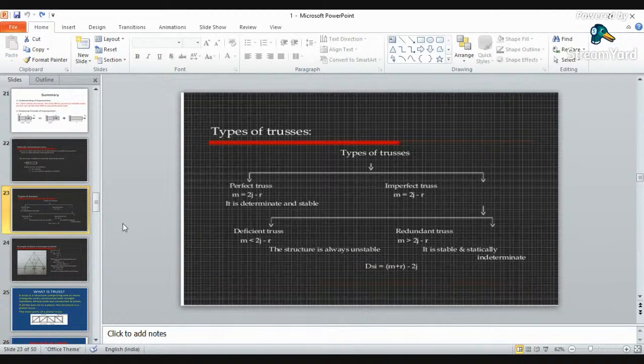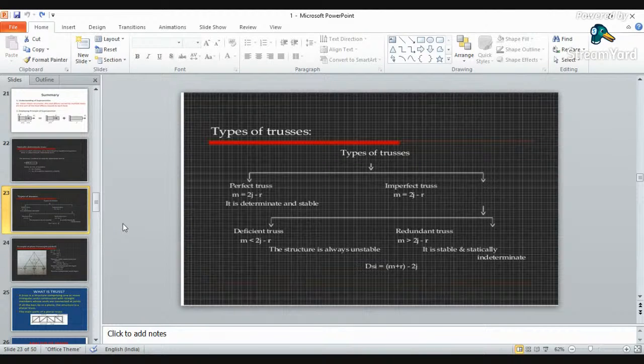But when we talk about structural stability, you have to check many cases. One of the tests is whether it is determinate or not. Another is the practical approach. For example, if a beam has only parallel forces, even with different magnitudes, then definitely it will be an unstable beam.